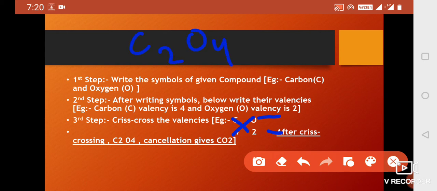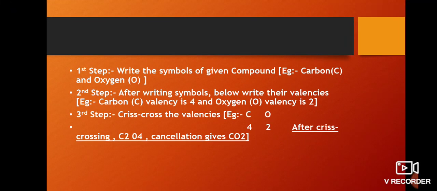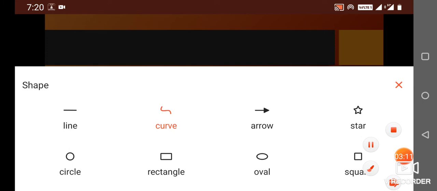Now we can cancel: 2 and 4 are both divisible by 2, and the final formula we get is CO2. That's the formula of carbon dioxide. It's very easy, only 3 steps are needed to make a chemical formula.